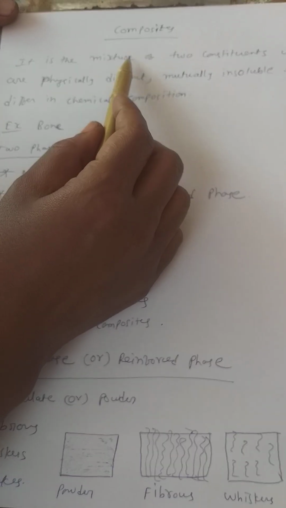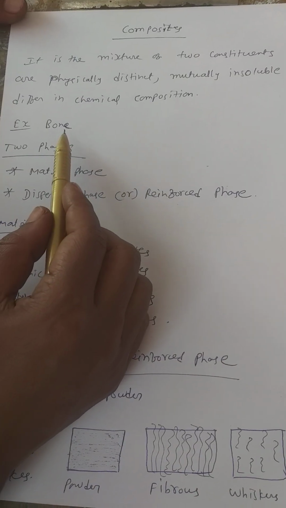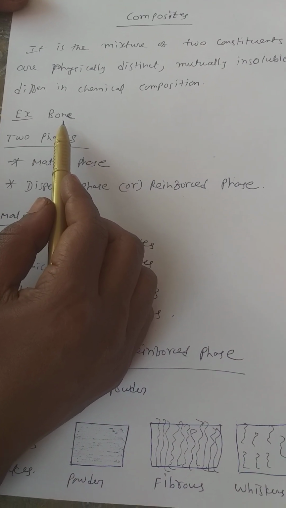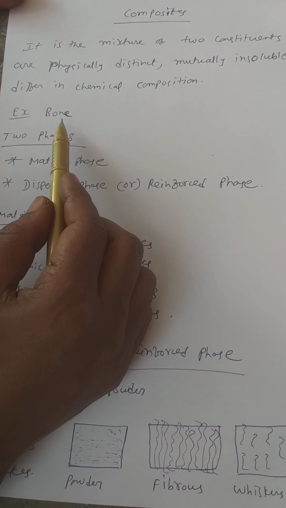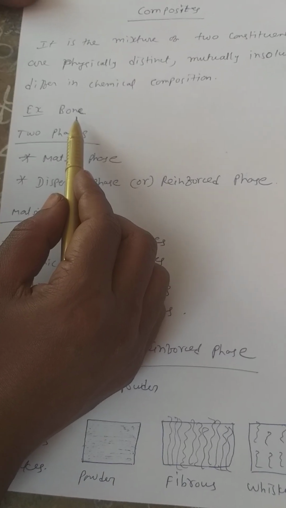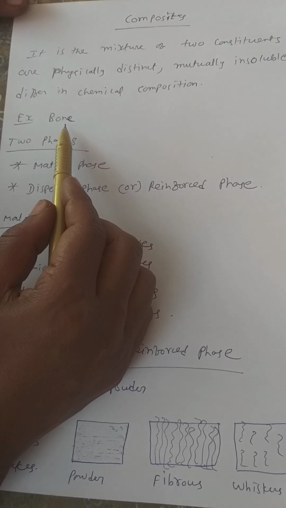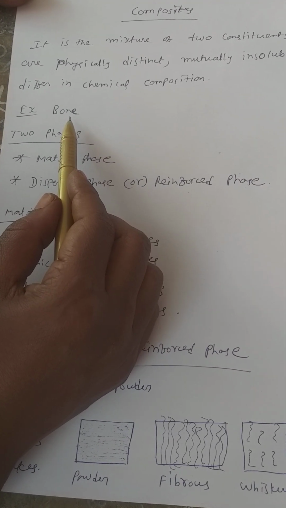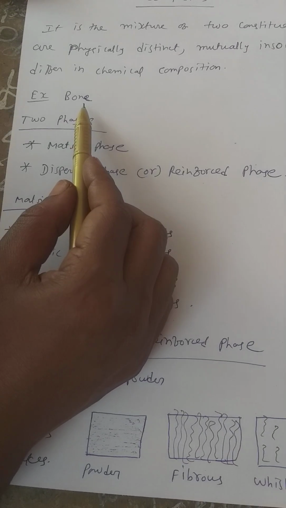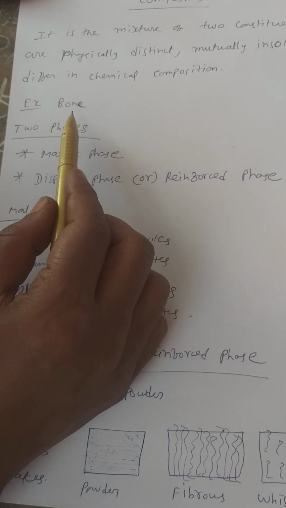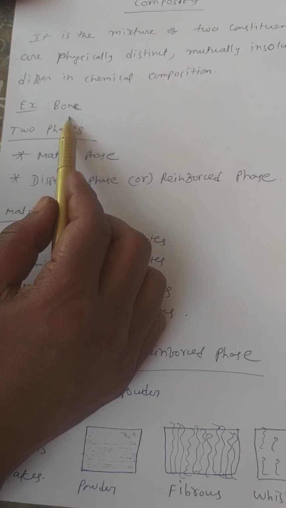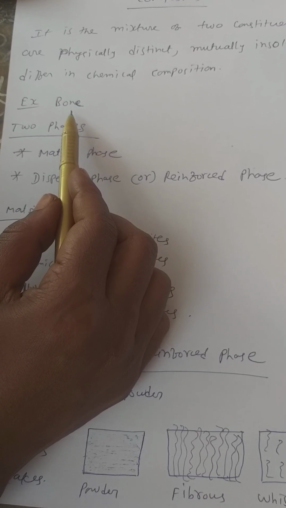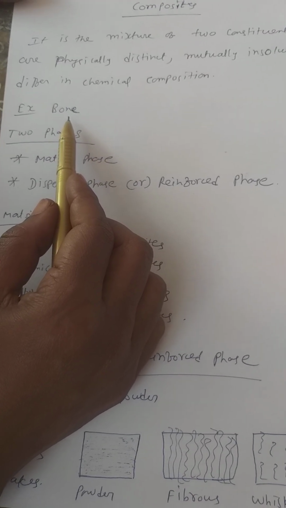Likewise, in composites, when two different materials are mixed in a heterogeneous way, it comes up with a new class of properties which will be useful for making engineering structures. One naturally seen composite is bone. Like bone, many composite materials are used in engineering.